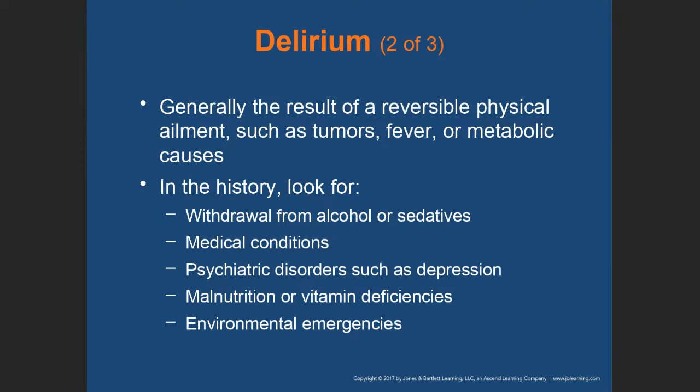Generally, it is the result of reversible physical ailments such as tumor, fever, or metabolic causes. Right? So once we can identify the cause and remove it, then they will recover. In the history, look for withdrawal from alcohol or sedatives, medical conditions, psychiatric disorders such as depression, malnutrition or vitamin deficiencies, and environmental emergencies.